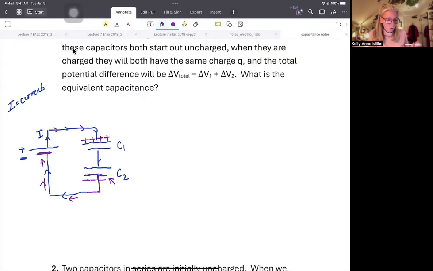And what happens to these middle two plates? Well, those are electrically isolated. It's basically the bottom plate here, then a wire, and then the top plate of this one.